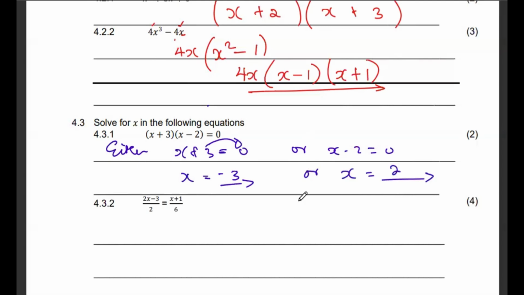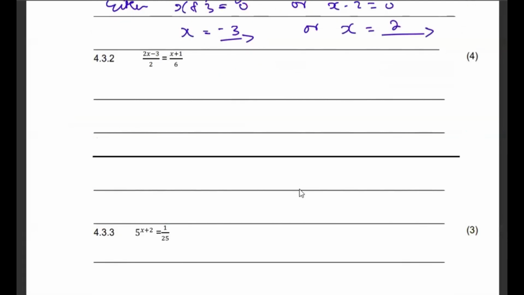All right. And then 4.3.2, do the cross multiplication in this case, or multiply through by 6, since we want to get rid of the denominators. So 2x minus 3 over 2 equals x plus 1 over 6. I'm going to say times 6 times 6. This cancels this, 6 by 2 is a 3.